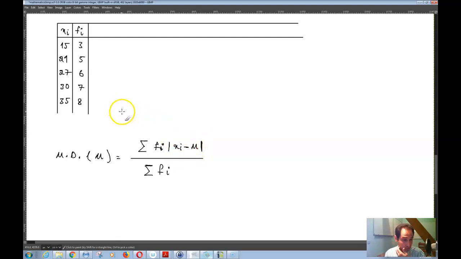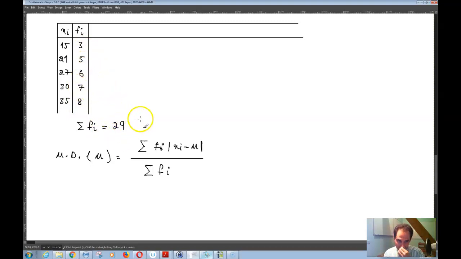So again, to find out my median, I need to know how many observations I have in total, and then I have to go to the middle of those observations to find the observation that comes exactly in the middle. To know the exact number of all of my observations, I can calculate sigma f of i, which is equal to 8 plus 6 equal to 14, 14 plus 15 is equal to 29.